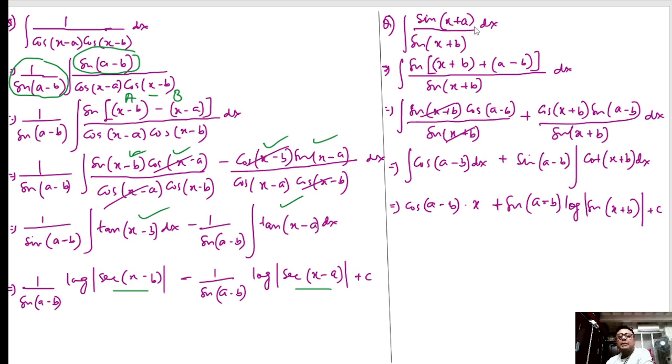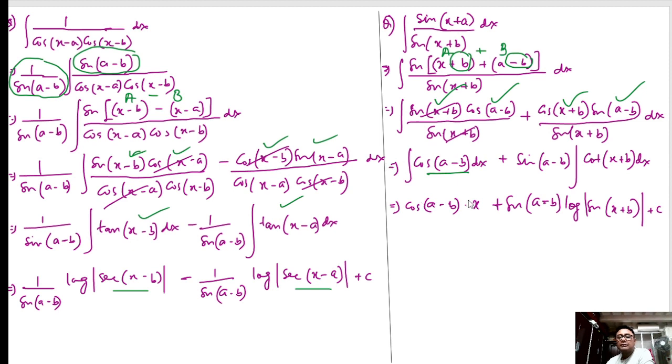Next, sine x plus a by sine x minus b. So see how to write x plus a. We are doing plus b and minus b adjustments. So it is looking like sine a plus b's formula, which is sine a cos b plus cos a sine b. So now these cut, and from here, cos a minus b will be a constant, will go out.